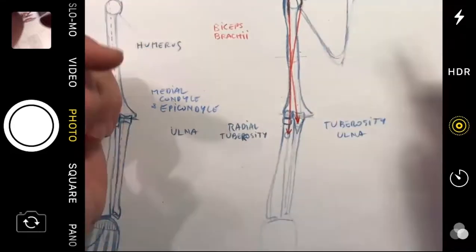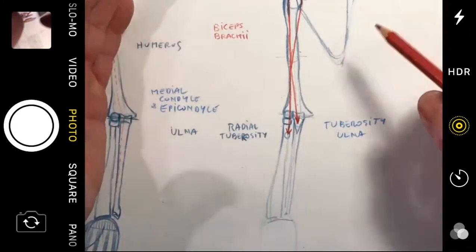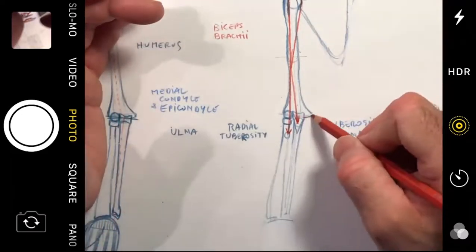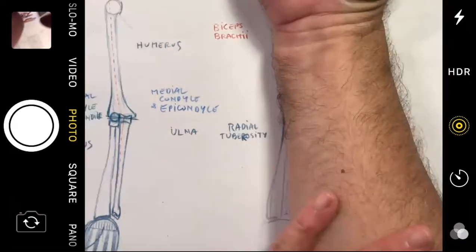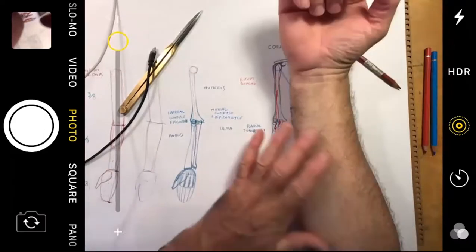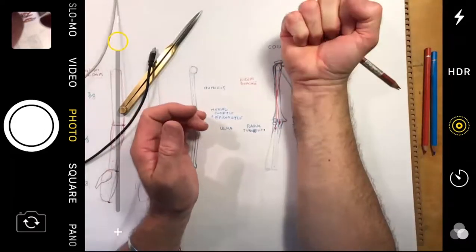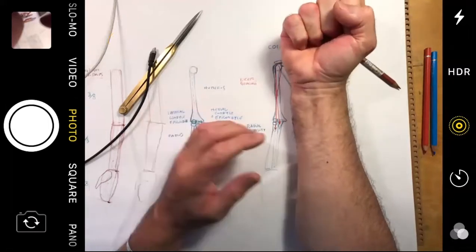So now let's look at the muscles of the forearm, and we can divide these muscles in here. Let me show you. These muscles in here are flexors. They flex the hand and fingers, right? All these muscles here are flexors.